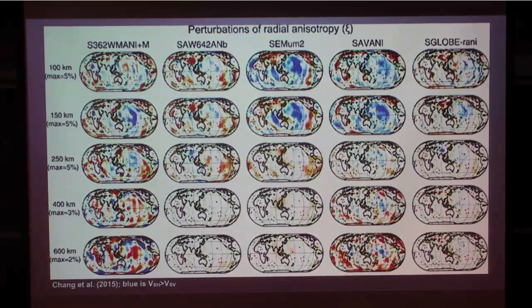And then if you go to 400 kilometers depth and 600, you see much stronger variations among models. Some of them, or several of them, have barely any radial anisotropy, or it's very localized. But then others have very strong anisotropy. Whether it's positive or negative in a given region is still absolutely unclear.